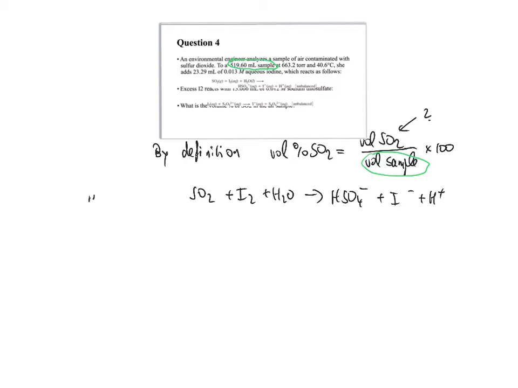That's reaction 1. And then reaction 2 is the iodine reacting with thiosulfate. That's the second reaction. And both of them are unbalanced.